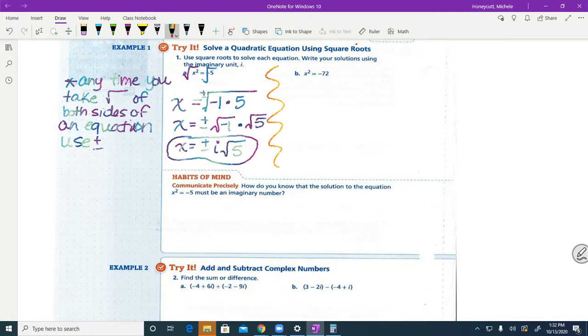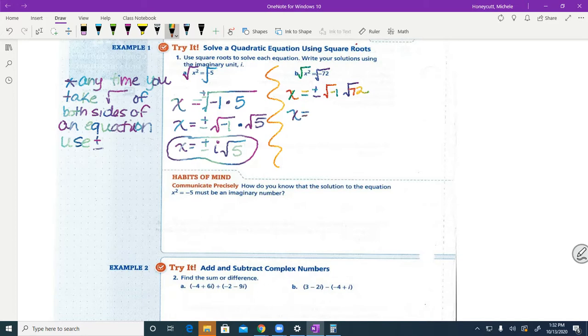If I look at part B, x squared equals negative 72. I'll take the square root of both sides again. The square root of x squared is x. I'm taking a square root, so I'll do plus or minus. And then for negative 72, I'll rewrite it as the square root of negative 1 times the square root of 72.